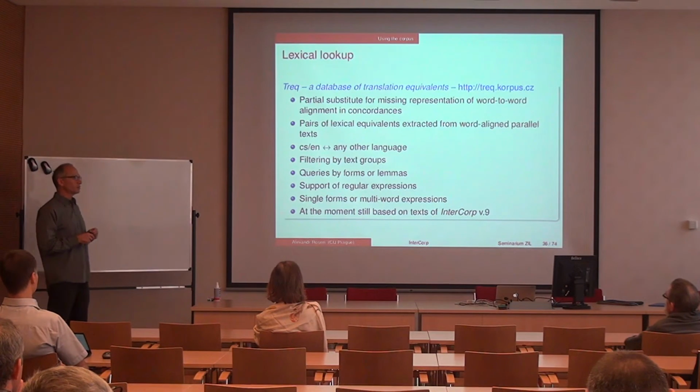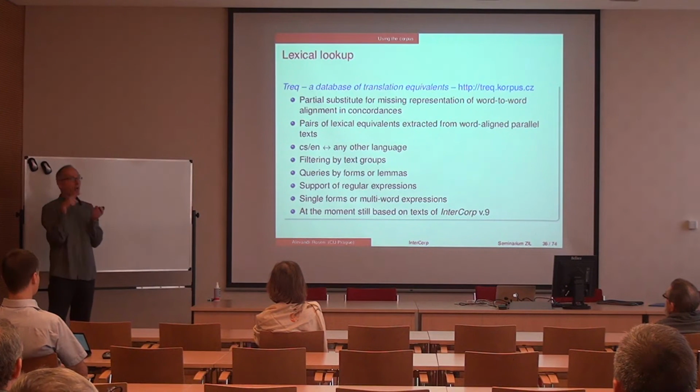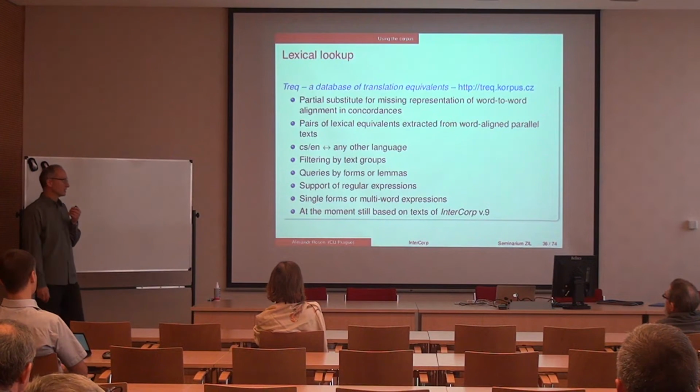At present we have it for all languages, but not for every pair. We have only Czech or English, and then the other language can be any of the list that we have.